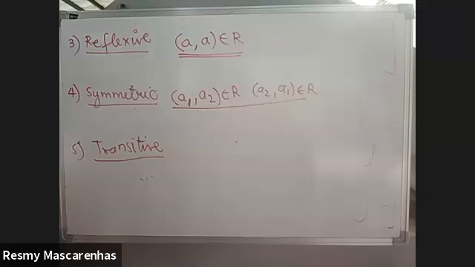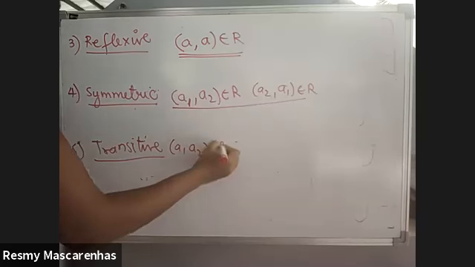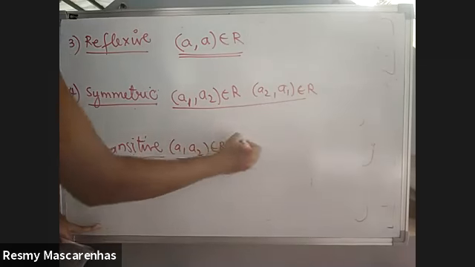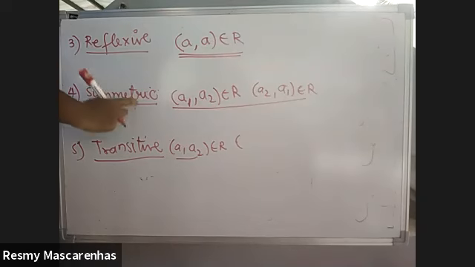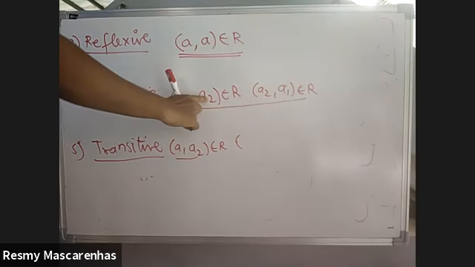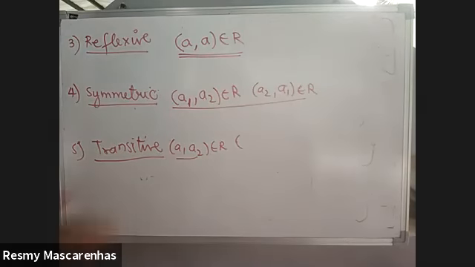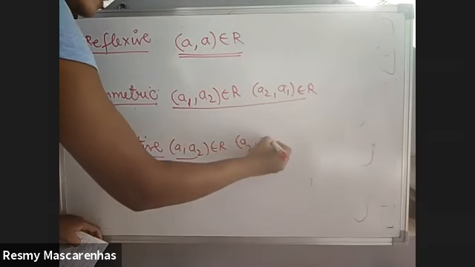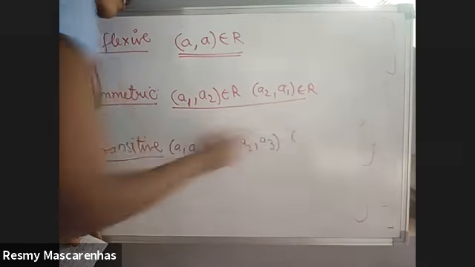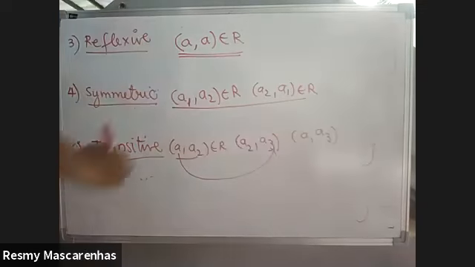And the third condition is: if A1 comma A2 belongs to R, then second, here three terms will come. Remember, reflexive has only one term, symmetric two terms, A1 comma A2, symmetric means reverse, A2 comma A1. And transitive has three terms. The third term is A3, then this and this, A1 comma A3 should belong to R.